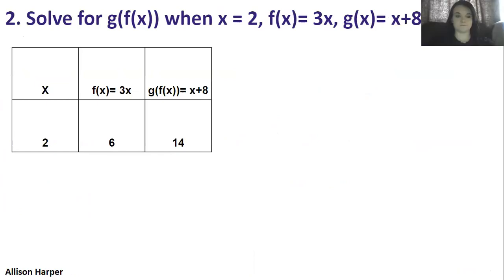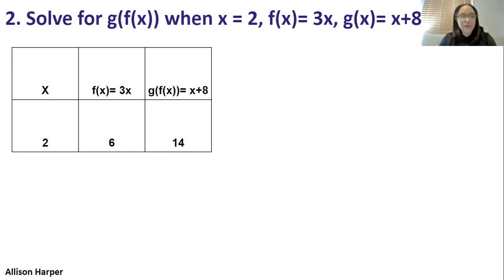So Allison, solve for g of f of x when x equals 2, f of x equals 3x, and g of x equals x plus 8. Okay, so I created this little table to organize everything and give you a visual of what's going on. So my x is 2, f of x equals 3x, and g of f of x equals x plus 8.